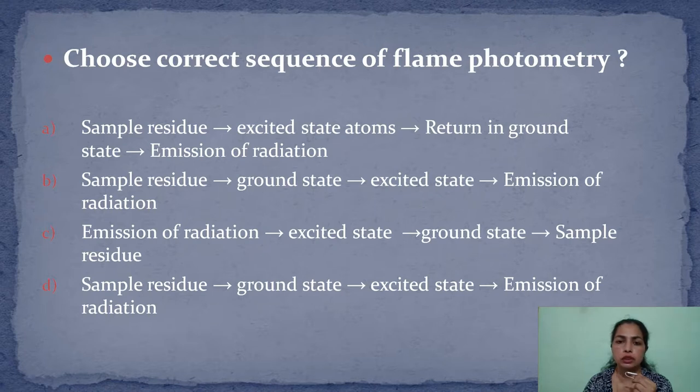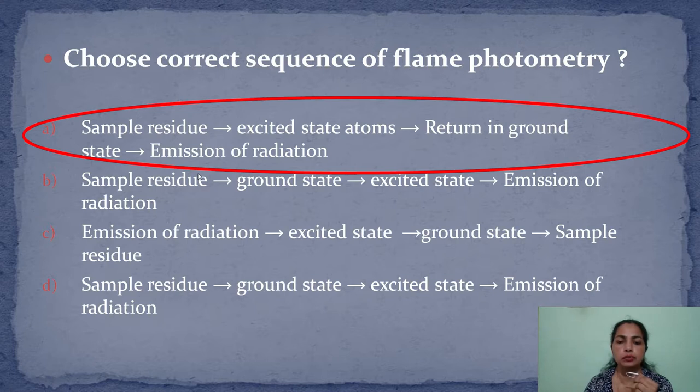Then this is not a stable state, so they return back to the ground state, and during this process they emit photons. So option number 1, that is the sample residue, then excited state atoms, then they return to ground state, followed by emission of radiation. That is the correct sequence of flame photometry.